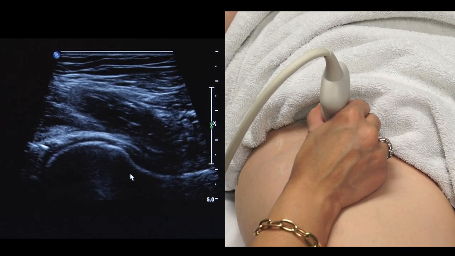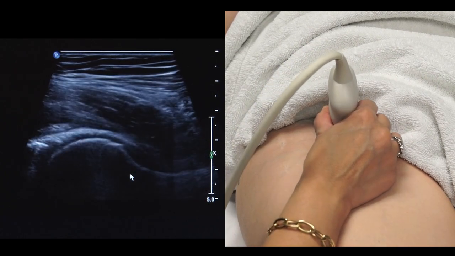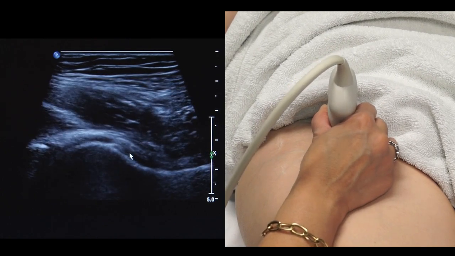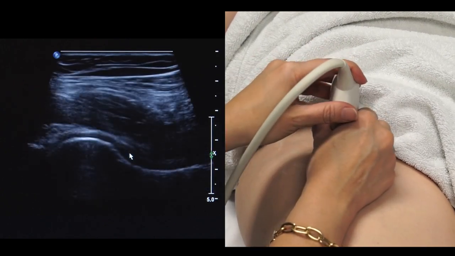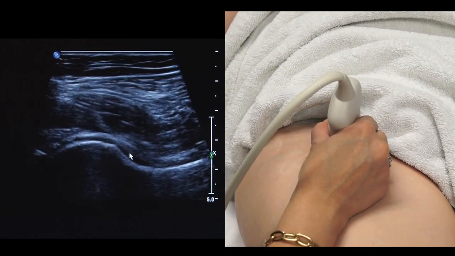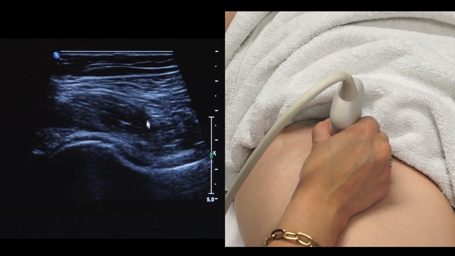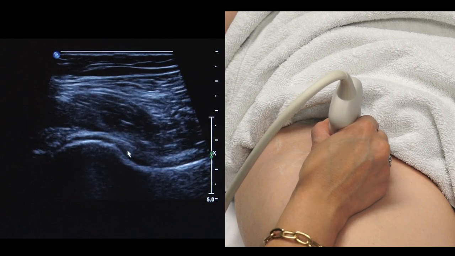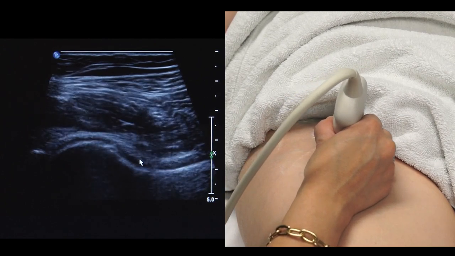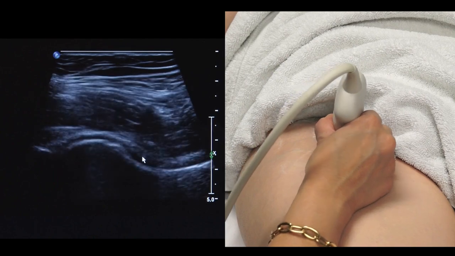I'm going to move my focus down. Now you can see with a higher frequency transducer, and if you reorient so that the capsule is perpendicular to the beam, you can see that it is not as hypoechoic as it looked with a curved transducer. So this is the capsule.